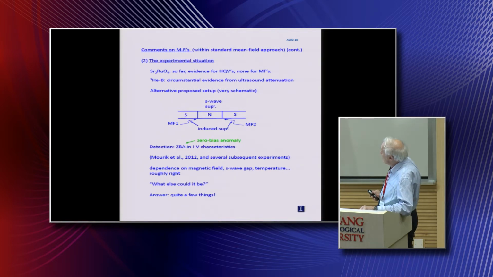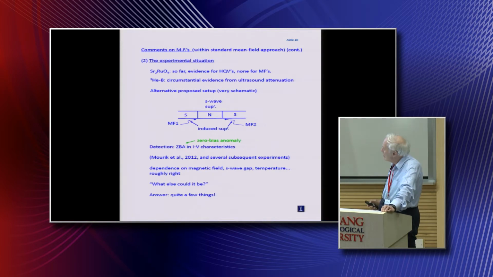Now, an alternative proposed setup, which has been widely studied in the last 5 years or so, and this is a very, very schematic version, is that you basically have a quasi-one-dimensional semiconducting wire, in parts of which you induce superconductivity by a proximity effect. And you have a strong spin-orbit interaction in this wire.